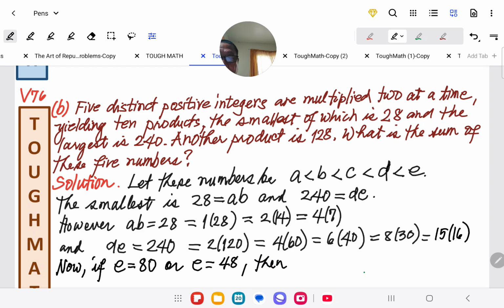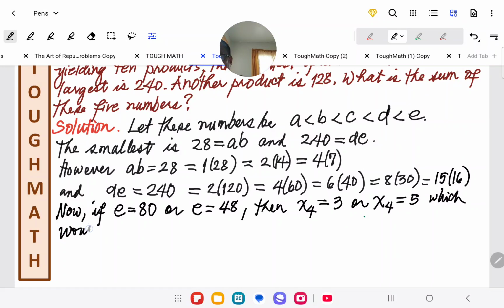Then x4 must be 3, or x sub 4 must be 5, which would imply that AB is less than 28.